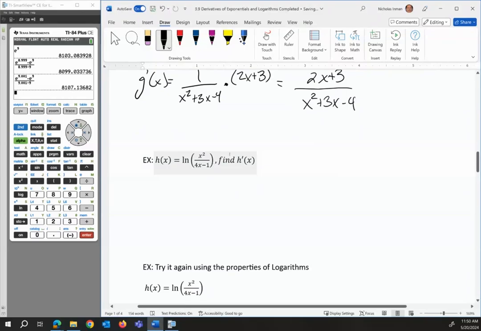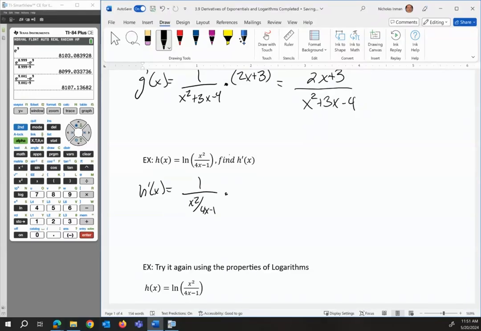If I'm going to take the derivative of this, h prime is 1 over the stuff that's inside, so x squared over 4x minus 1, times the derivative of the inside, as the chain rule says. Unfortunately, the derivative of that inside is a quotient, so I have to do the quotient rule.